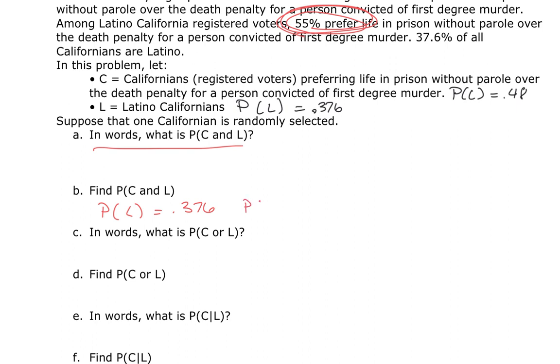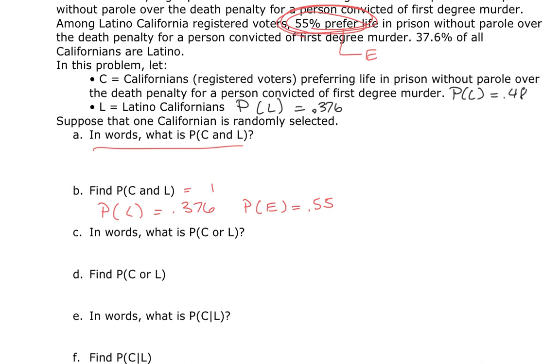We didn't actually label that, so I'm just going to label this E. So even though I'm doing the probability of C and L, what I really want is the overlap, which is the probability of Latino and they believe in life in prison. So 0.55.